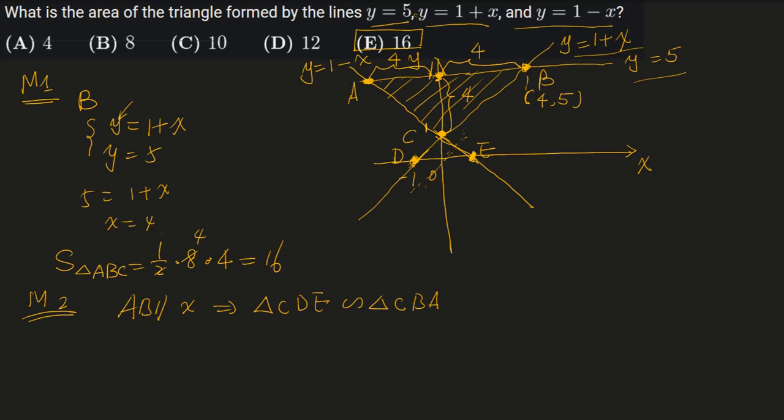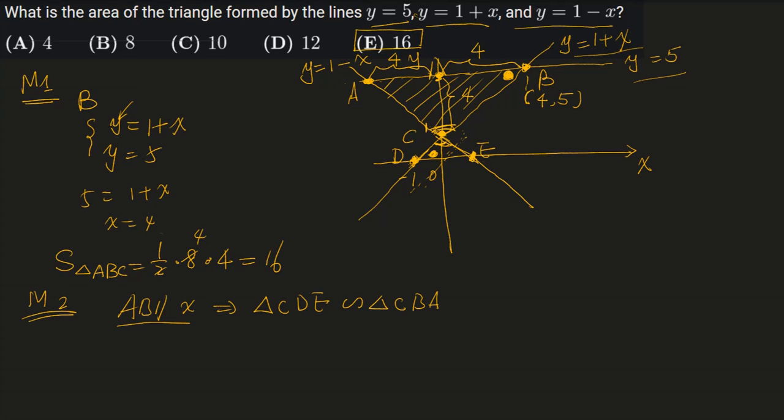And it's very easy to prove that by tracing the angles, because these two angles are the same, and this angle equals this angle, by the fact that these two lines are parallel. Good. So these two triangles are similar.